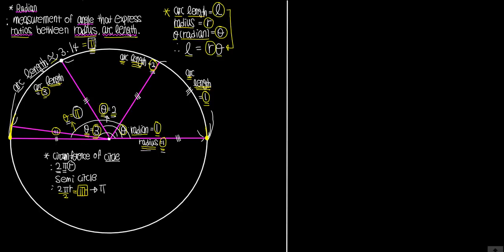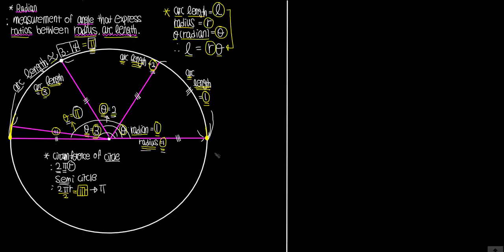We could easily solve that the arc length, approximately 3.14, is equal to pi radians. And this will happen when the circumference of the circle is halved as a semicircle.